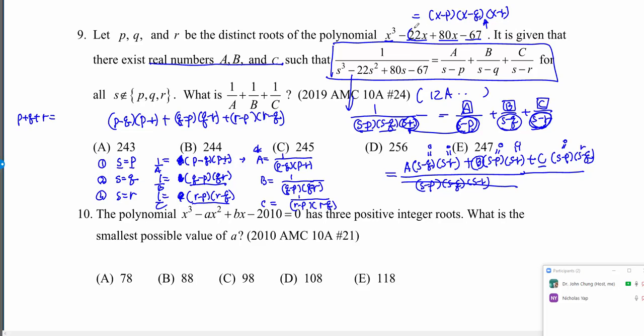From here, 22. The sum of the products of two roots, PQ plus QR plus RP, is 80. The product of all roots, PQR, is negative 67.